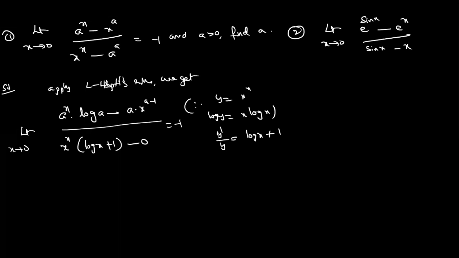x power x minus a power a. This is the question: x tends to a, not 0. Check it. x tends to a means 0 by 0 form is coming.